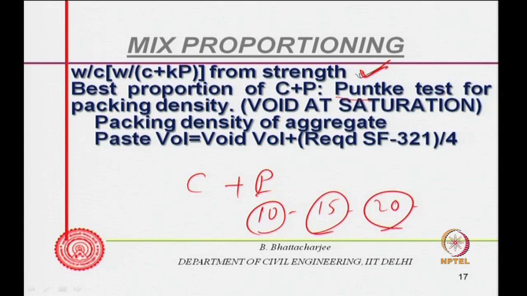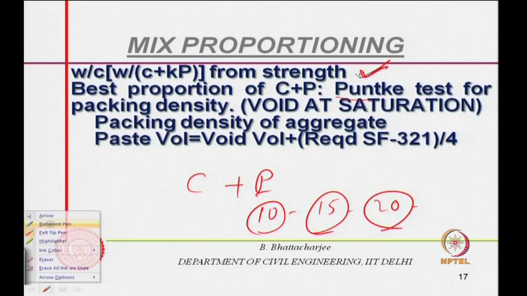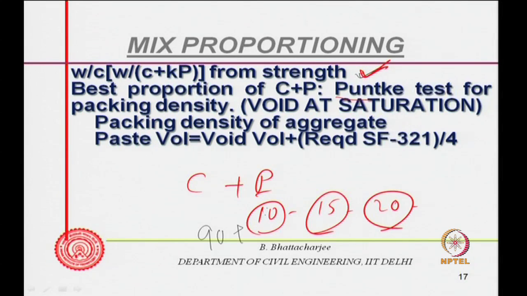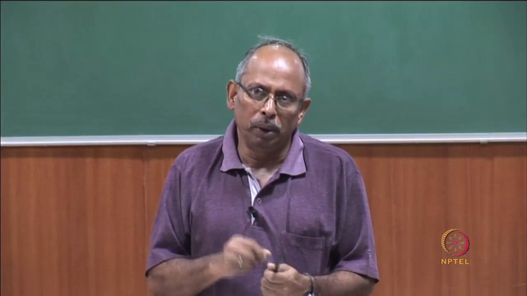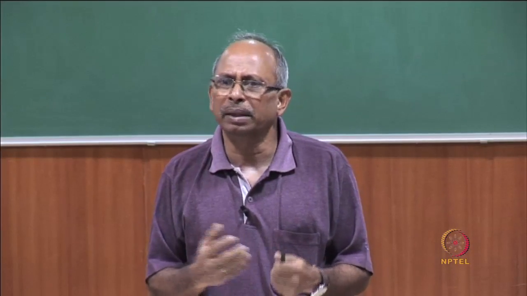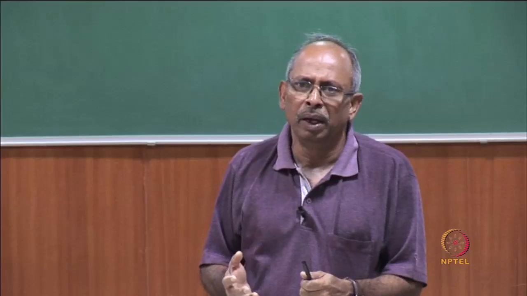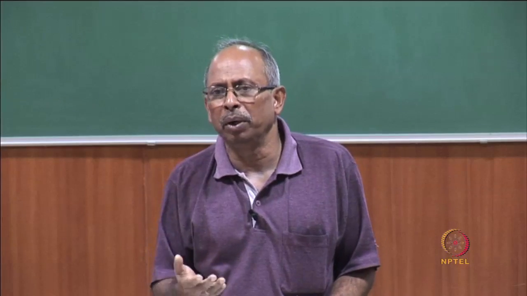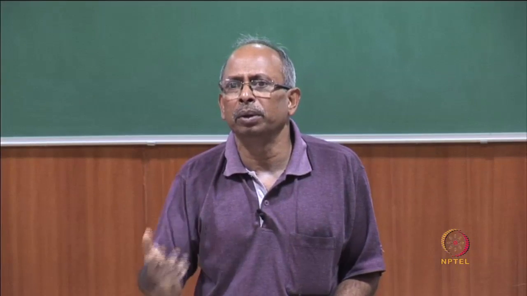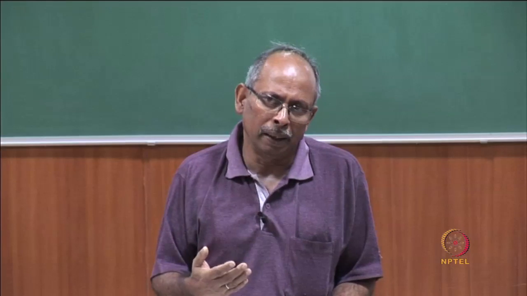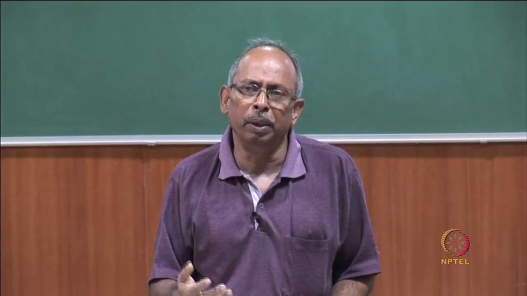So, different proportions you can take, and then mix for a specific case of 90 cement plus 10 P. So, this is C and this is P. For a specific combination, what you do? You put them in a container, measure several masses: empty container, mass with cement, mass with powder, other powder material, and so on.